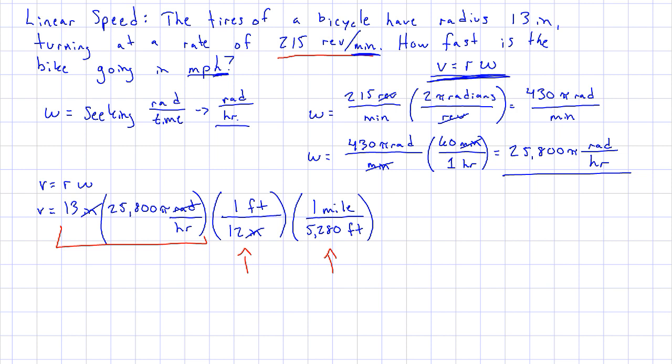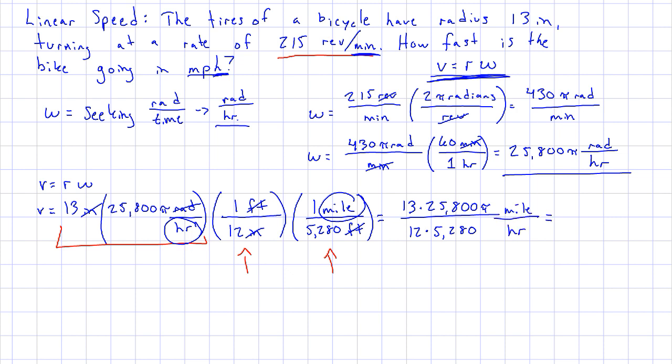Anyway, we will proceed. My feet here now will cancel those units, and I'm left with miles in the numerator and hours in the denominator. I'm happy. That's what I was looking for, miles per hour. So I multiply this out. I will have 13 times 25,800 pi divided by 12 times 5,280, and this is miles per hour.